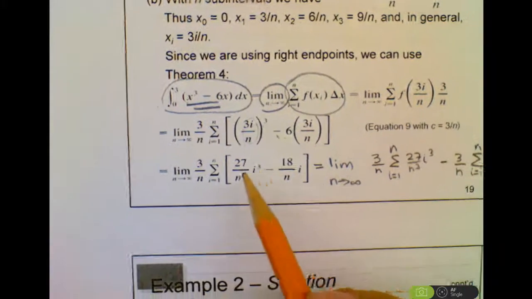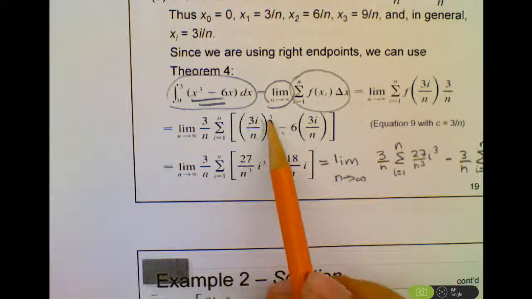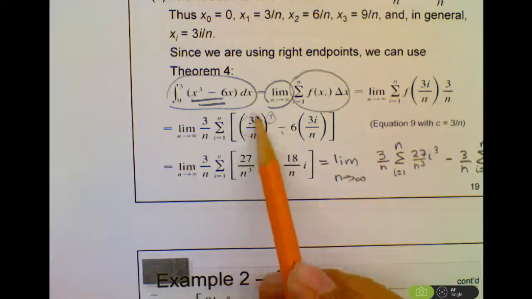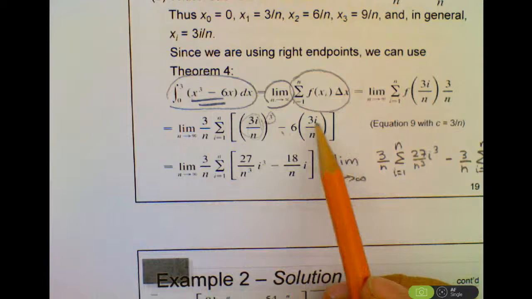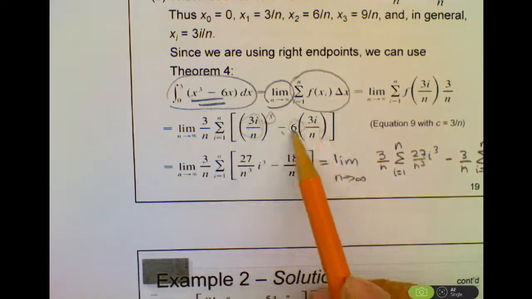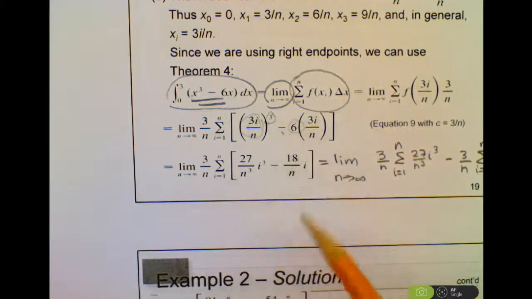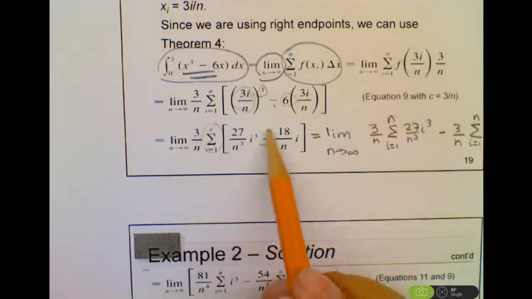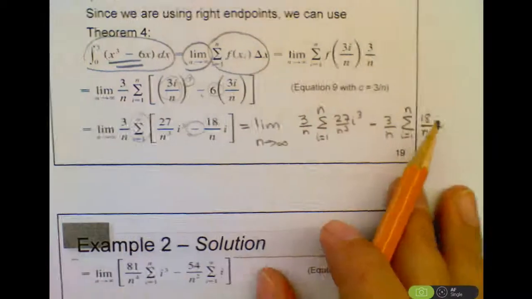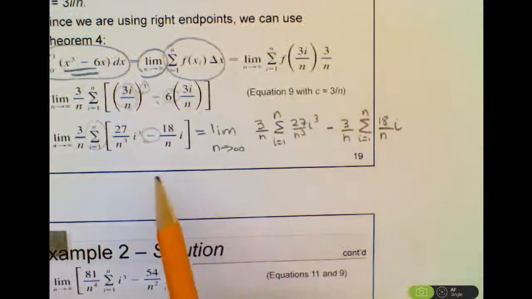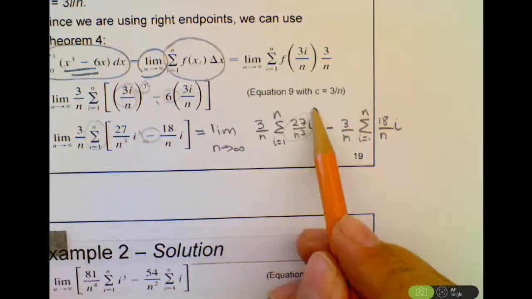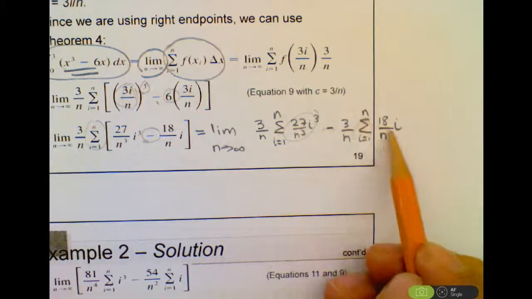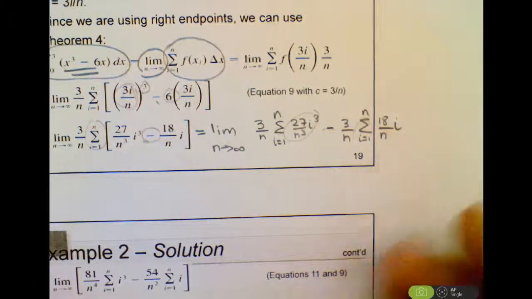So for example, in here, I know that if I'm cubing this term, this will be 27i cubed over n cubed. And then in here, I'm just multiplying 6 by 3, which is 18. Now, since I have the summation of a subtraction, I can just simply say that it is the summation of the first term minus the summation of the second term.